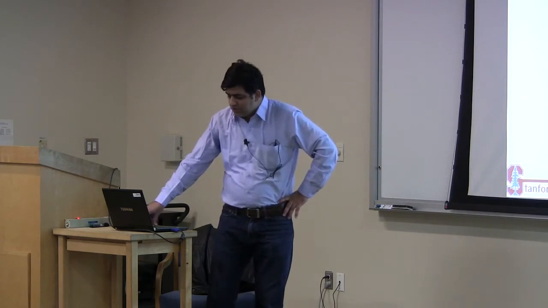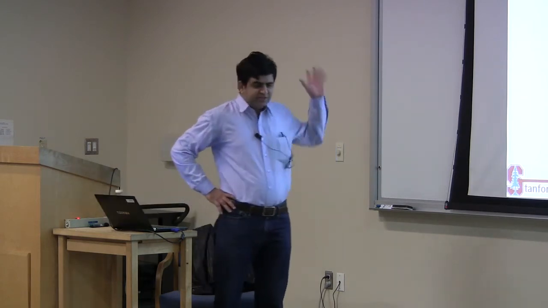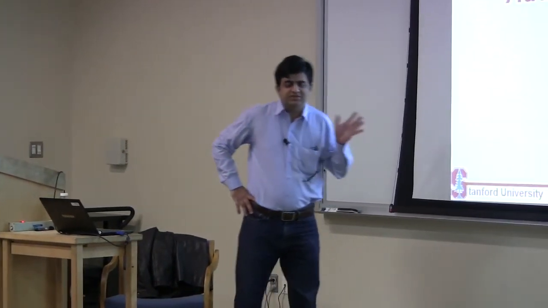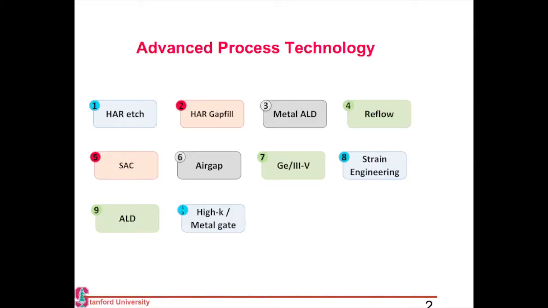So what I want to cover today is essentially a bunch of things which have happened in the process technology space, and these are very important things, but these are largely uncorrelated topics. So these are very important things: high aspect ratio structures, ALD, air gap technology, strain engineering.